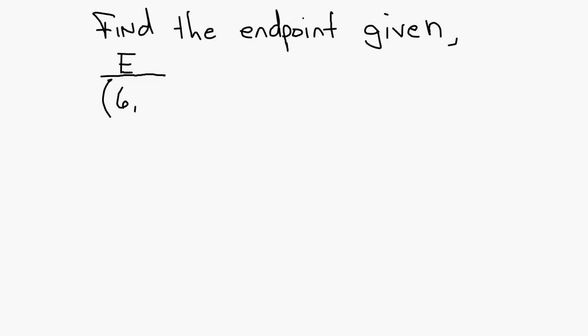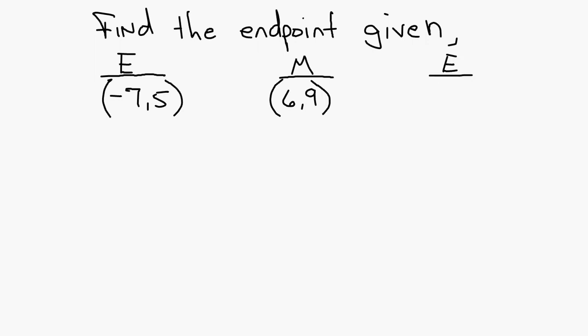No, I need the first endpoint that I gave you. Negative 7, 5. And then I gave you a midpoint, and it was 6, 9. Thank you, 6, 9. And we asked for the other end. We already know what it is, but we saw what we did to get it.